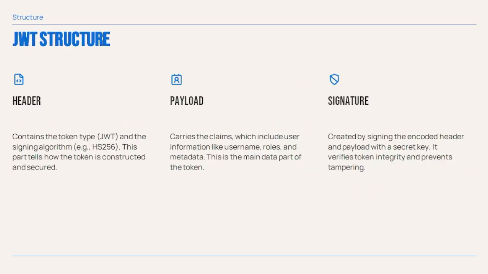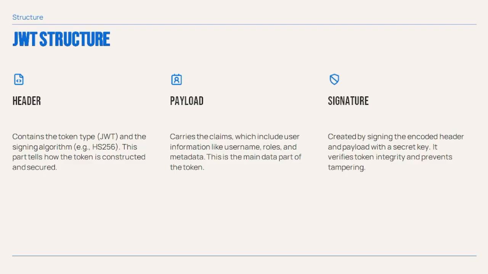Next, this is how the JWT is structured. A JWT is divided into three parts: header, body (payload), and signature. In the header, you typically use the HS256 algorithm. The payload is the actual data you are sending, like claims with user information such as username and roles.